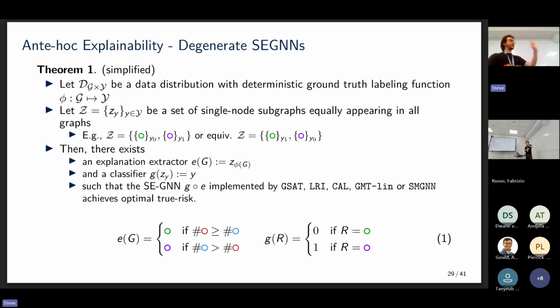So instead of having this specific anchor set, you may have even larger subgraphs. Then the loss won't be 0, it will be higher, but it will still be best across all the possible explanations of this size. Does that make sense? Okay, thank you.